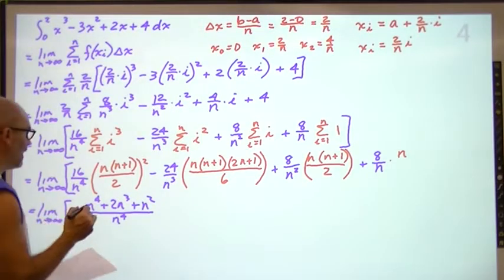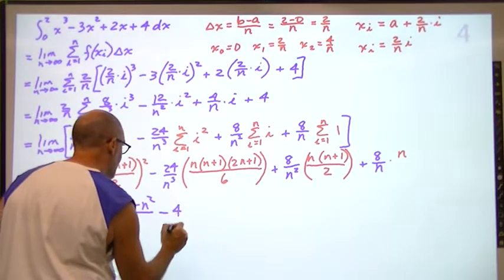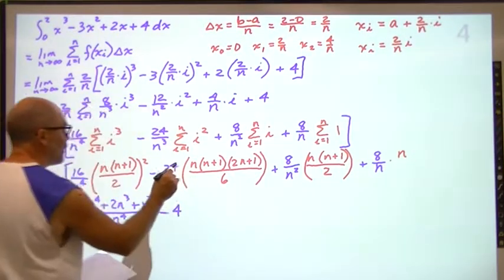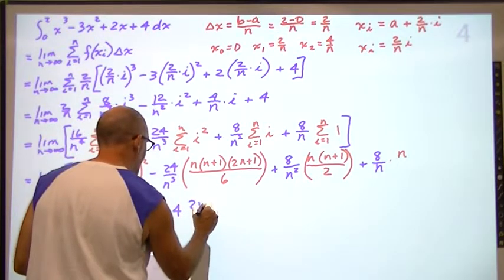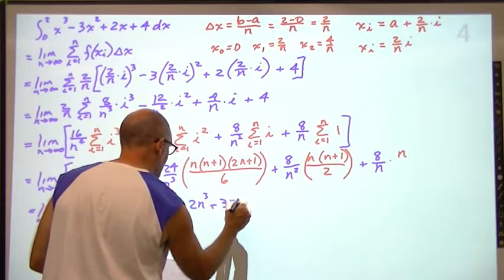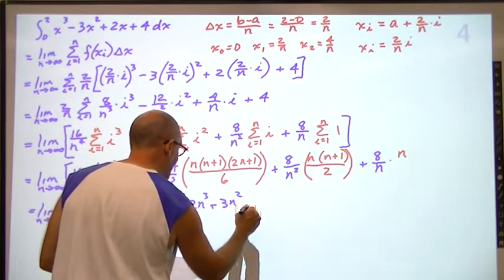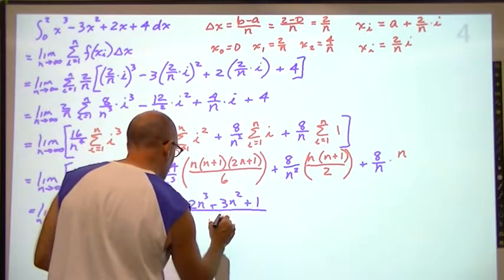So now, 24 over 6 is 4, and what do I have here? Well, when I distribute all that out, I'm going to have 2n cubed plus 3n squared plus n, all divided by n cubed.